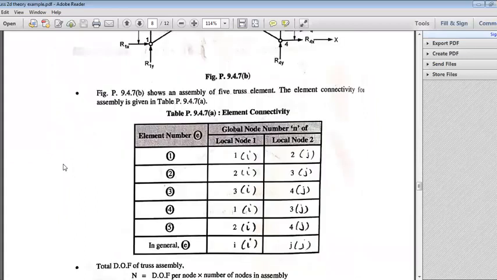As we have already done in 1D, the elements are in between nodes, right? The first element is in between nodes 1 and 2.